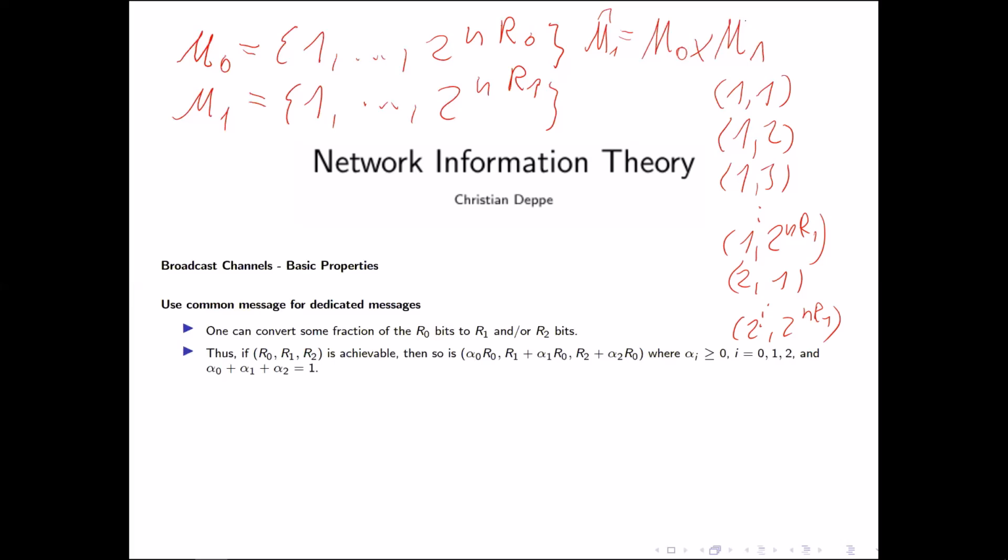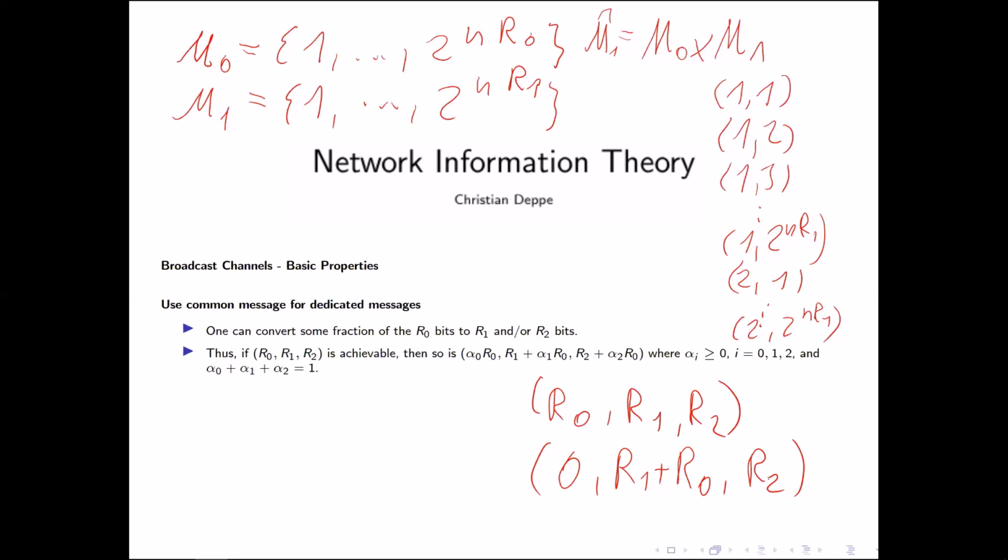So if we know that we can achieve (R0, R1, R2), what I just showed you, then we can also achieve (0, R1 plus R0, R2). And of course, the same is possible for R2. And then, of course, you can just use half of the messages, or you can use alpha 1 of the common messages for R1 and alpha 2 of the common messages for R2 to generalize this.